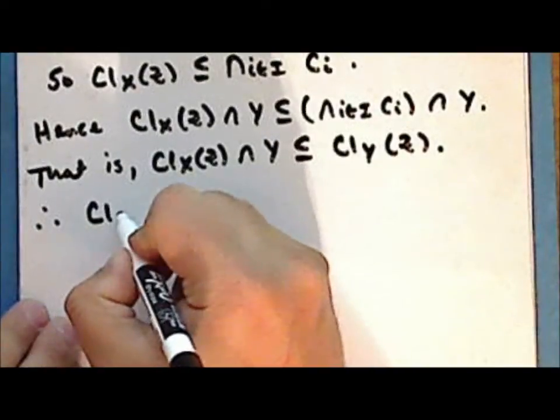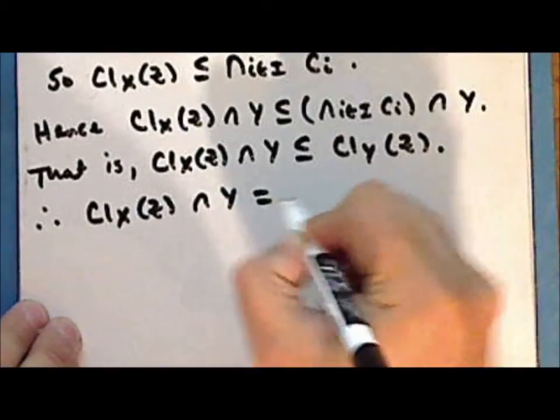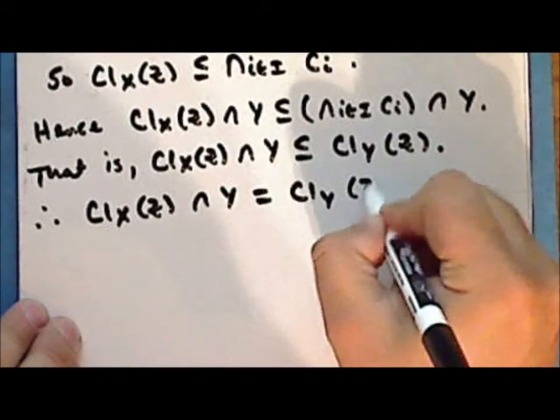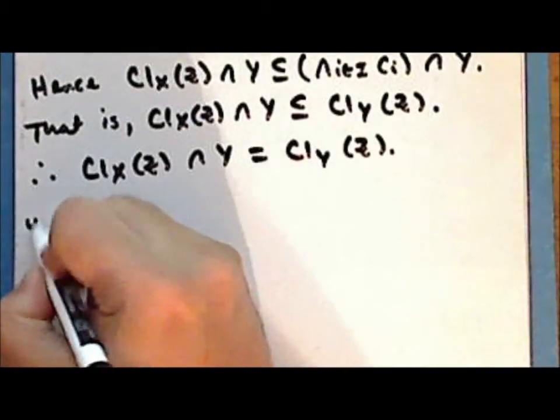And so the intersection of the closure of Z in X with Y is equal to the closure of Z in the subspace Y.